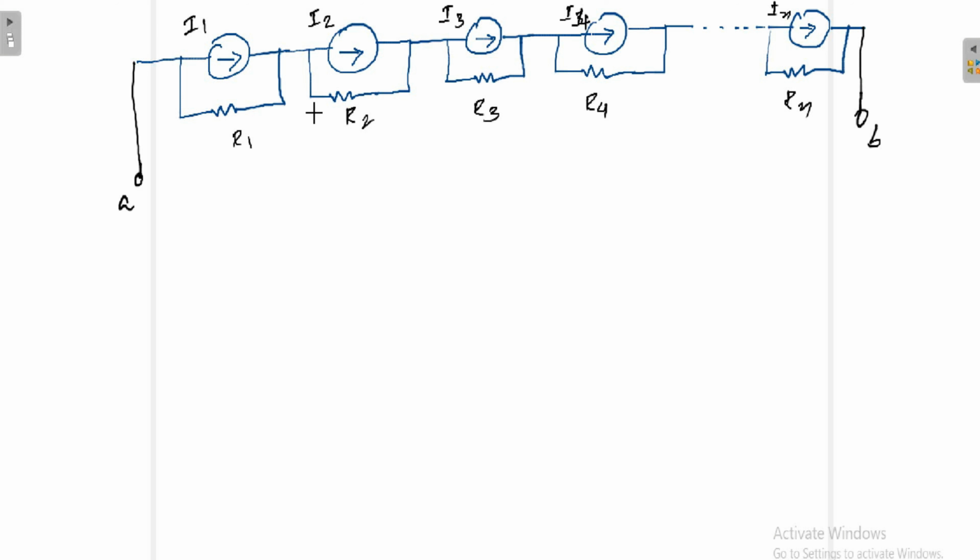Then the sources are replaced with a single current source in parallel with a resistance. This is your I and this is your R.